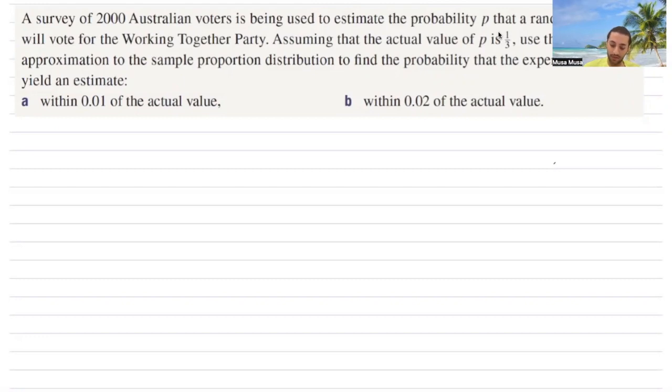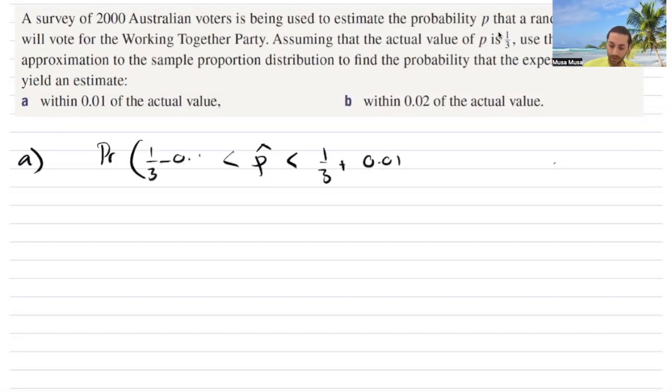So what you're saying is, for A, you want the probability that P hat is between a third minus 0.01 and a third plus 0.01. Now, these are scores for the P hat distribution. Because we're going to be using a normal distribution, we need to find the standardized Z scores.